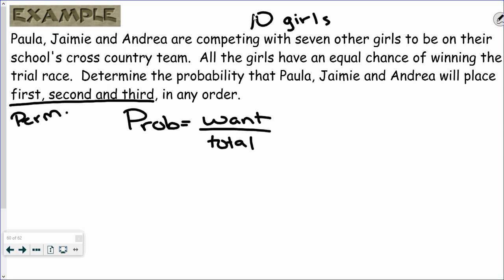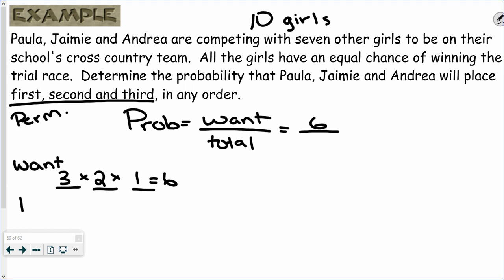So what I want is for those 3 girls to be first, second, and third. That means I have 3 options for first place. That person will get first, 2 options for second, and 1 option for third. That gives me 6 different ways that Jamie, Andrea, and Paula could be first, second, third. 6 options goes on the top.